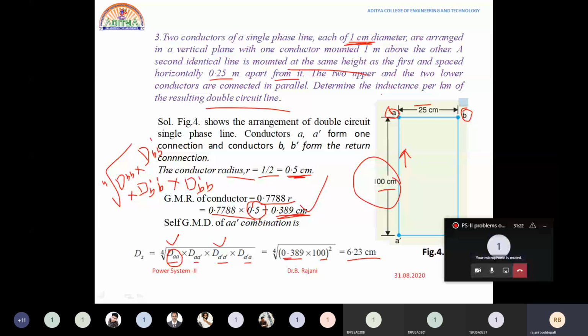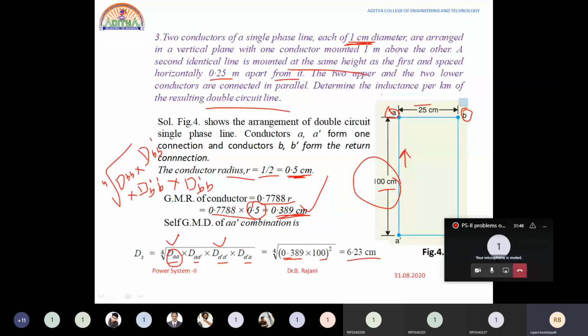Instead of A we have B. Now what is DBB? DBB is the GMR of that conductor B. What is the formula for the GMR of conductor B? It is again 0.7788 R, where R is, if the diameter is 1 centimeter, 1 by 2, which is 0.5.